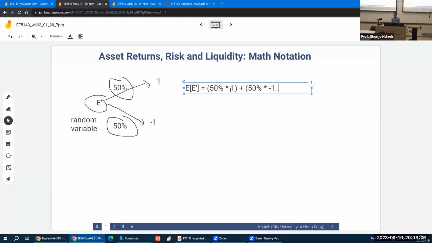Concur? It should give you 0. I know this is nonsensical, but for simplicity's sake, just assume that 0 is okay. Agree? Just reviewing basic statistics.